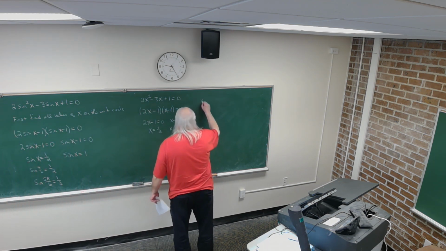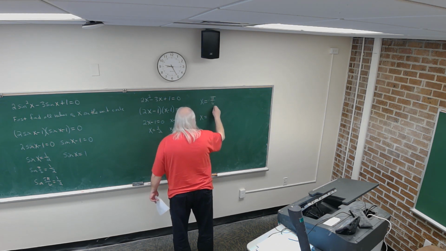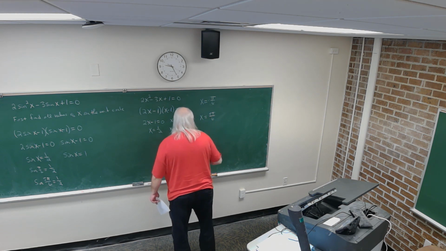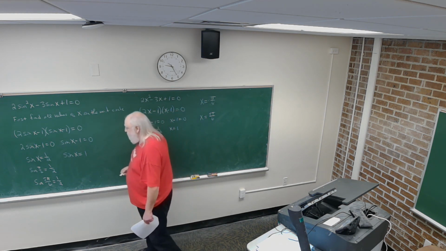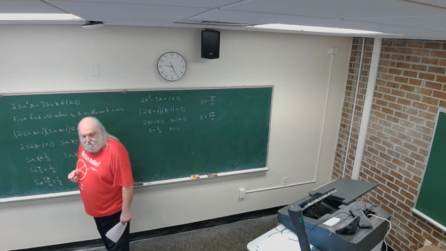So x equals pi over 6 and x equals 5 pi over 6 are two angles that satisfy our quadratic equation.